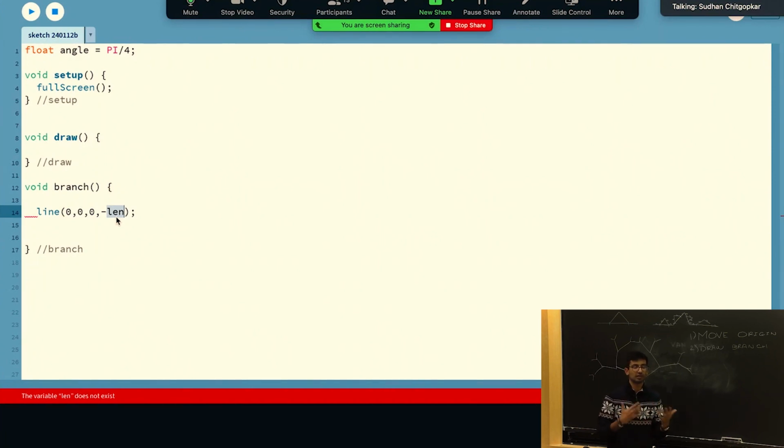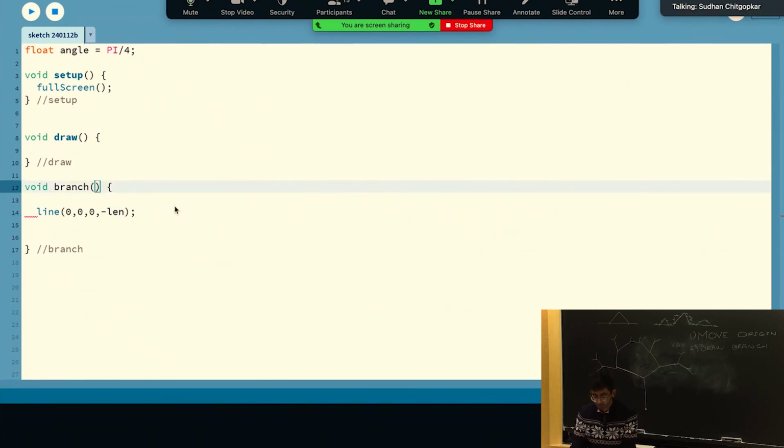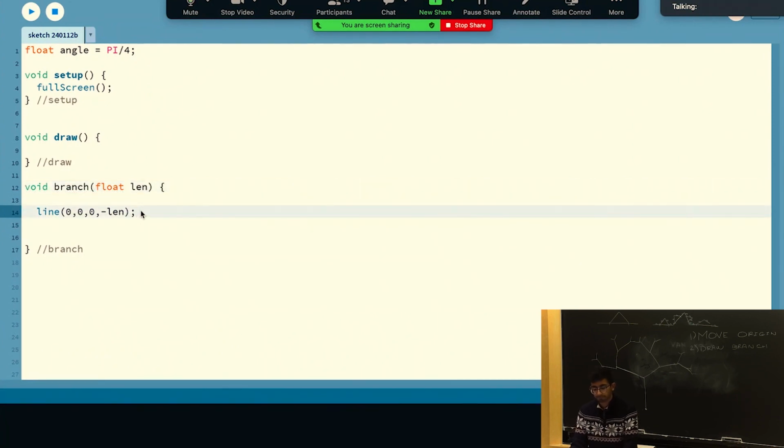And that's sort of like a real tree structure anyway. A twig is going to be a lot shorter than the trunk of the tree itself. And so let's go ahead and mimic that idea. And so maybe we take in a float length. And so all we're doing here is drawing this line.